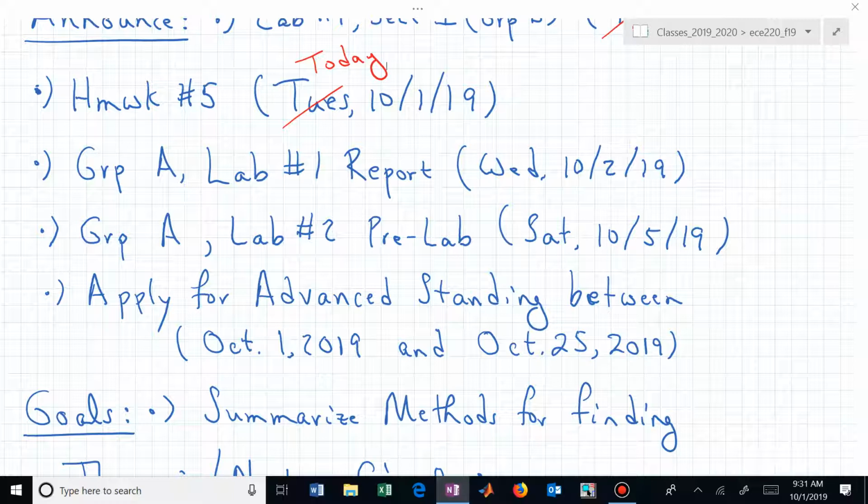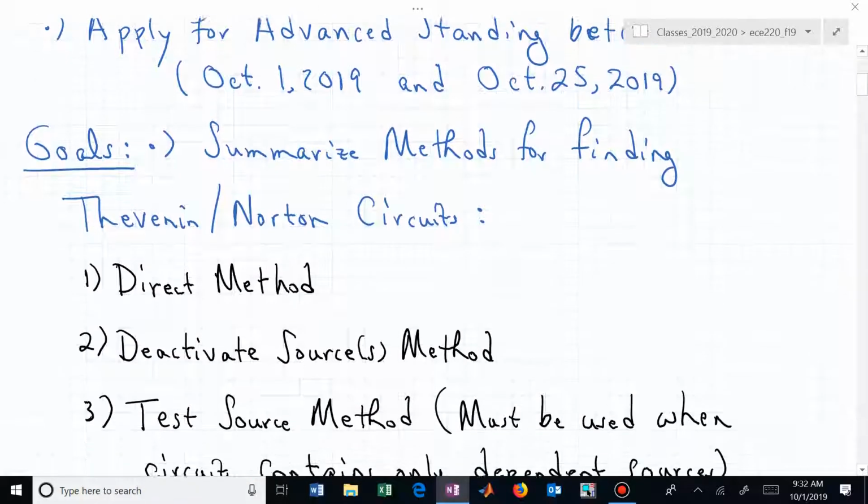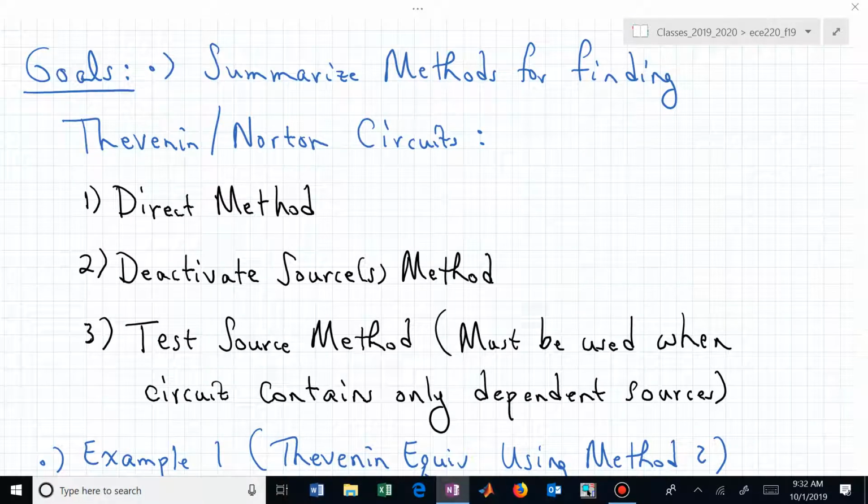You need to go find our undergraduate advisor and speak to Alexis about what is required for advanced standing, and I think she sent you something yesterday with some pointers on what that involves.